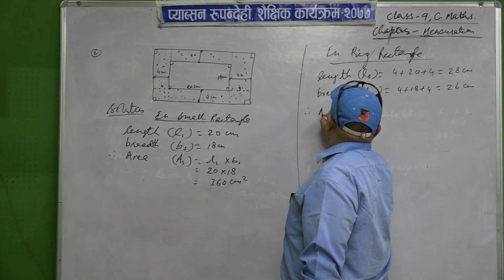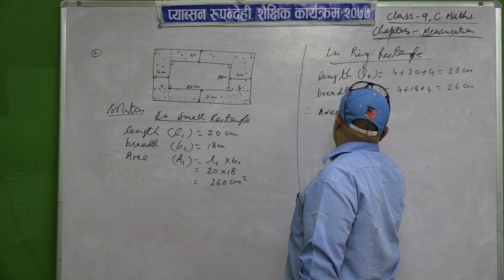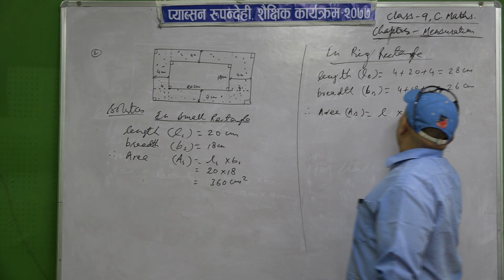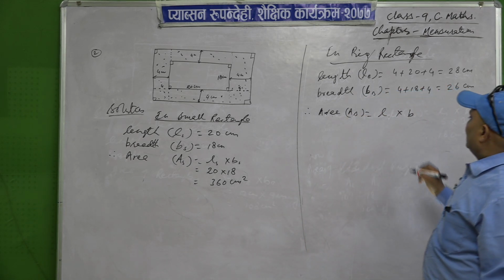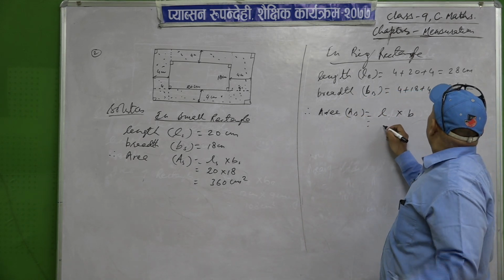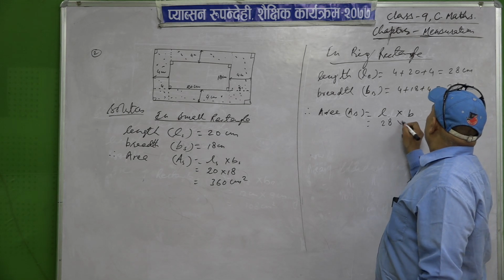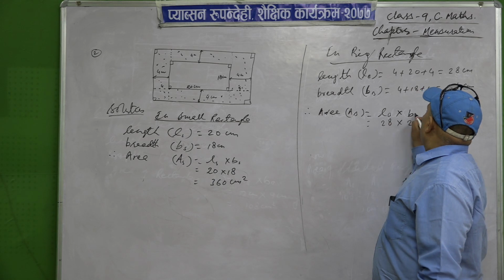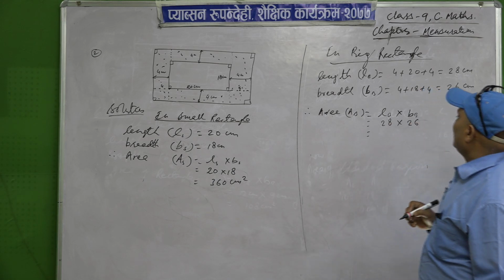Now find area. Therefore, area A is equal to length into breadth. L means 28, into B means 26. Now multiply, we will get the area of the big rectangle.